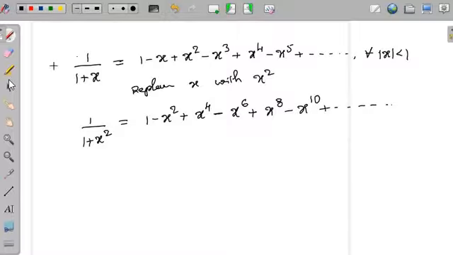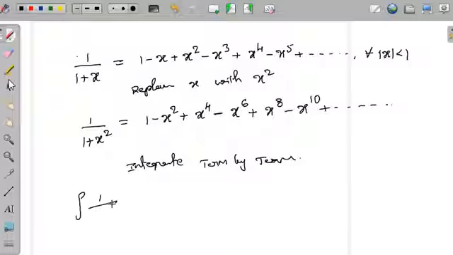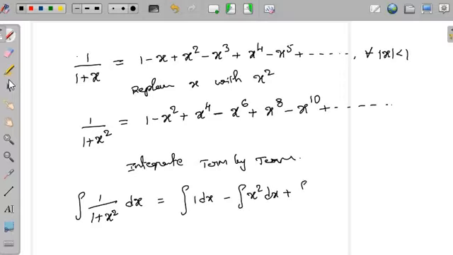Alright. So here let's do one thing. Integrate on both sides. Integrate term by term. So if we do that, on one side we'll simply have integral 1 by 1 plus x square dx. And on the other side, it's integral 1 dx minus integral x square dx plus integral x power 4 dx minus integral x power 6 dx plus and so on.